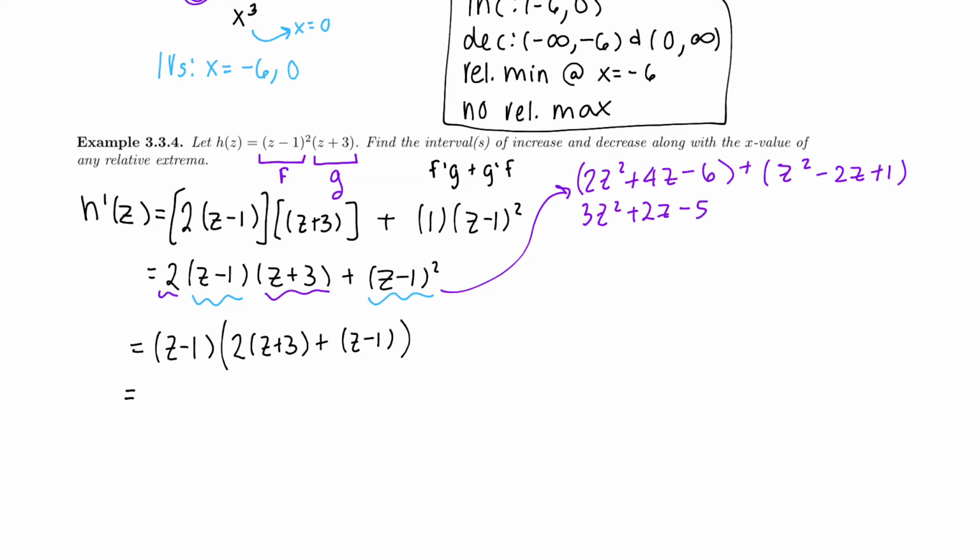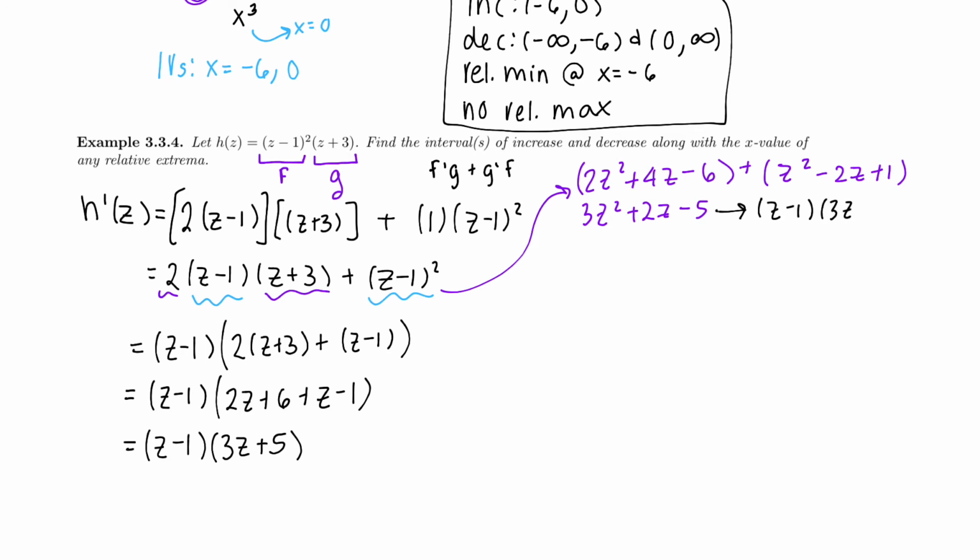That totally works as well. But if you want to be tricky about it, you can do it this way. So you have 2z plus 6 plus z minus 1. This factors into 3z plus 5. So we have z minus 1 times 3z plus 5, which is what this would factor into. And this is the derivative.